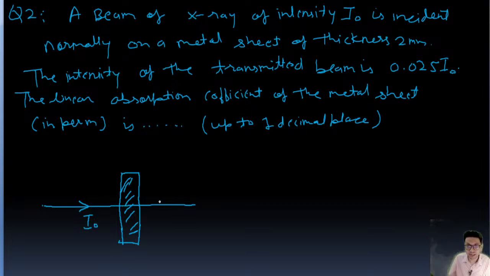The transmitted light intensity is 0.025 I naught, this is given, and the width of this is given as 2 mm, right? So now we have to find the absorption coefficient. We have a formula for that, guys, you need to note down: I equals I naught e to the power minus mu x.